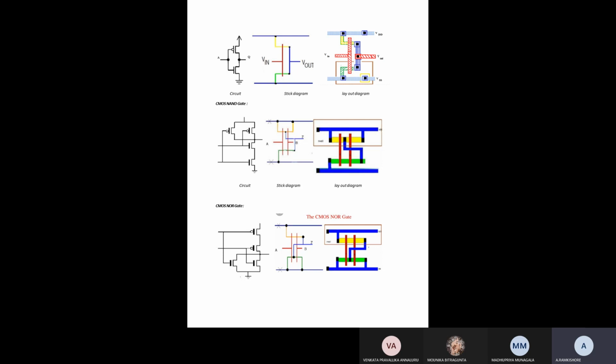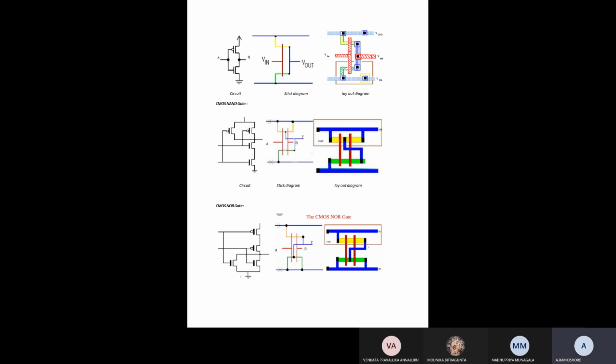A layout diagram is nothing but, we have to represent these lines with some symbolic representation. For metal, we represent it with blue lines, and straight lines within the box.